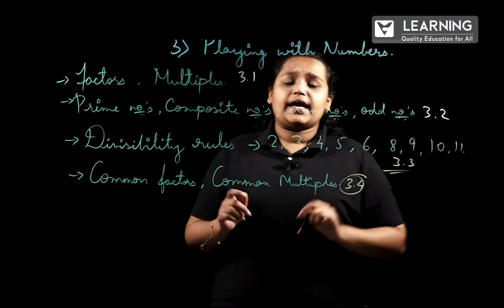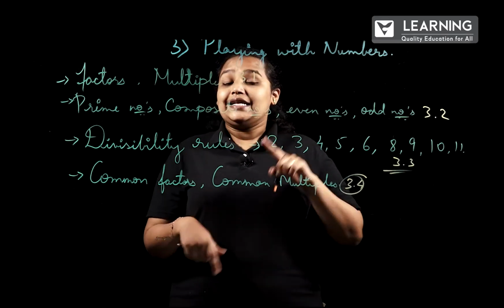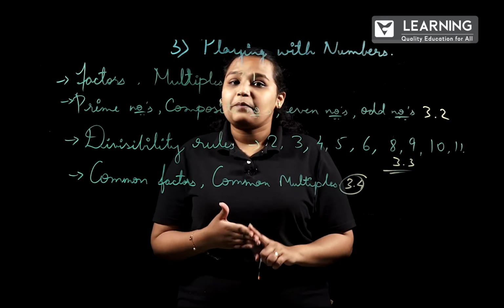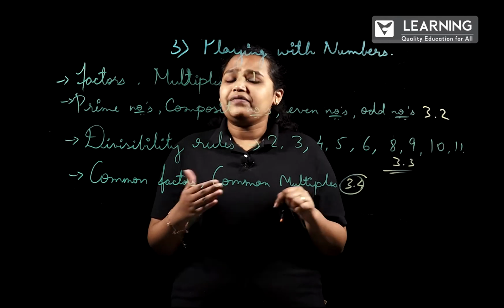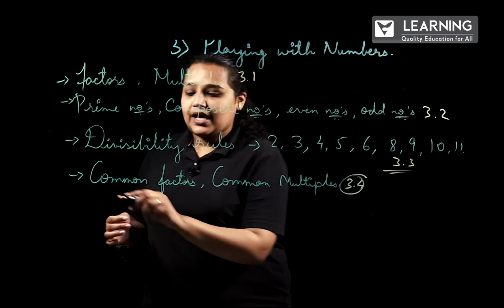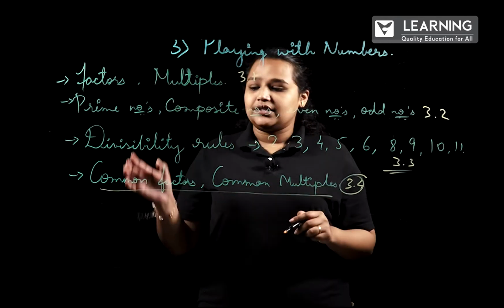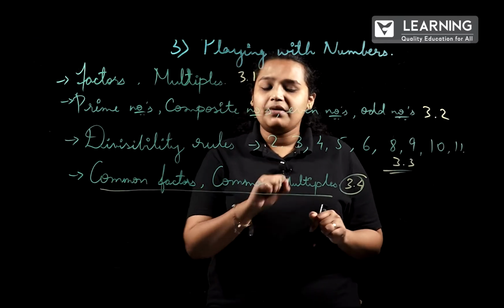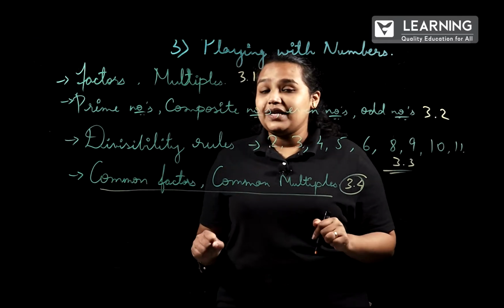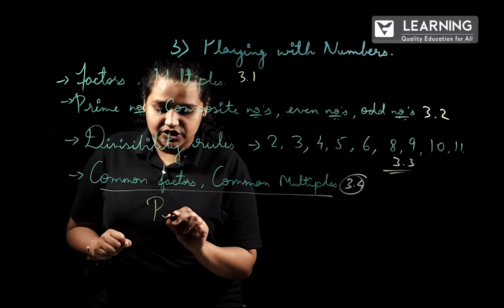So today we'll be solving the next exercise, that is exercise number 3.5. What do we have to solve here? We will be continuing with the topic of common factors and common multiples, but here we will be learning about prime factorization.